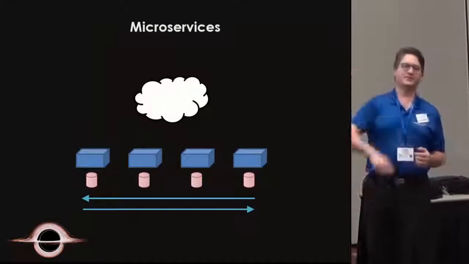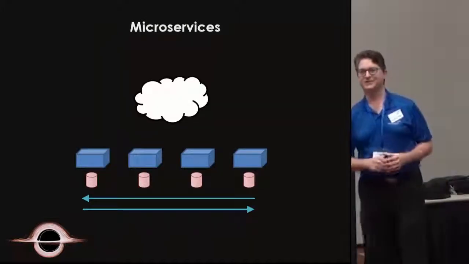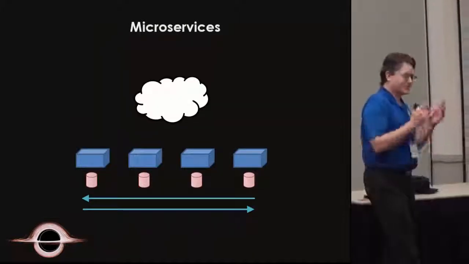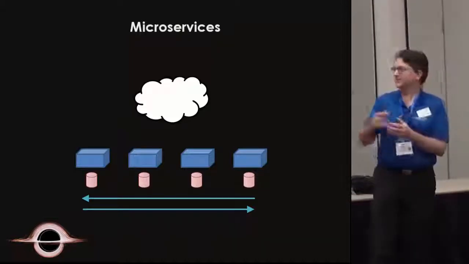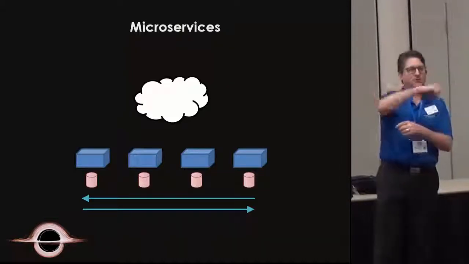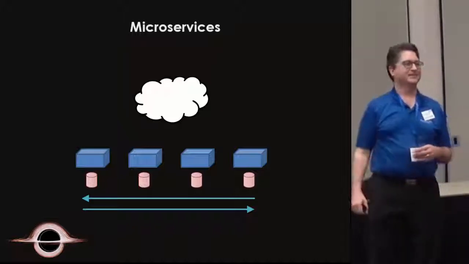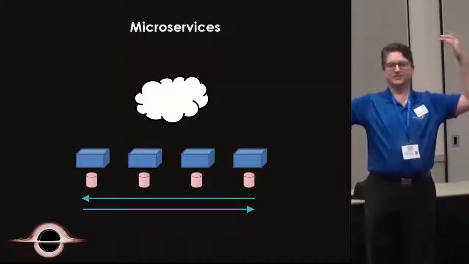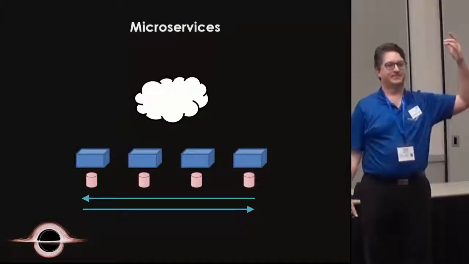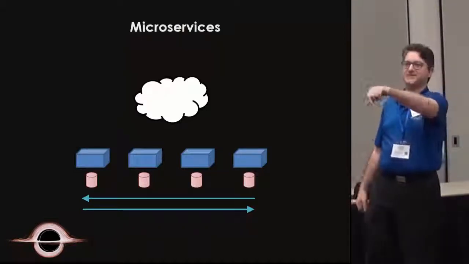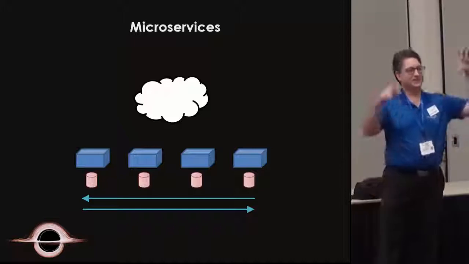Furthermore, microservices, all the rage. With microservices, we give an interface to a whole bunch of different services. What do we typically use for that interface? How do these things talk to the world? HTTP. Yeah, they each have a REST API.